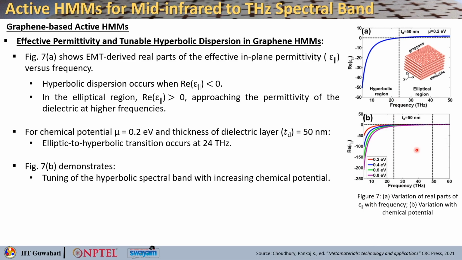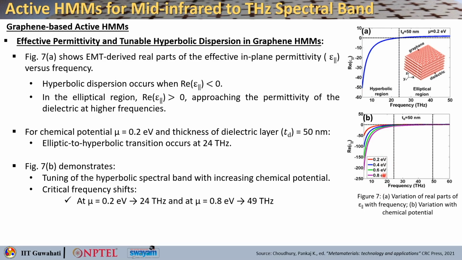And in this particular figure you can also see how you can tune this hyperbolic spectral band by changing the chemical potential. When the chemical potential mu equals 0.2 electron volt, that transition happens at 24 terahertz, but when you change the chemical potential to 0.8 electron volt, you can change that transition frequency to 49 terahertz.